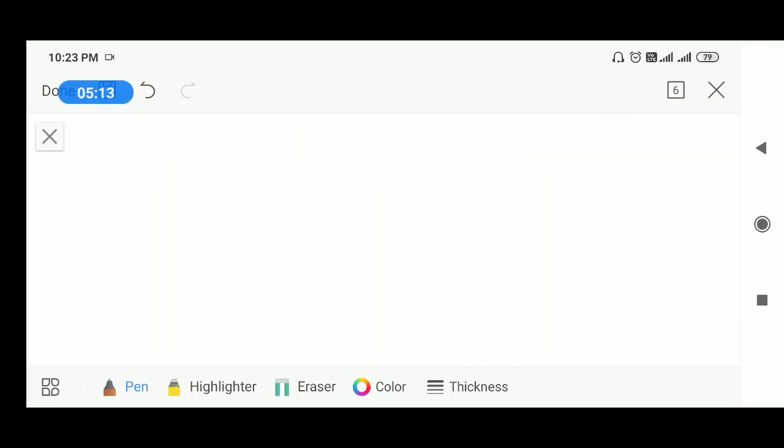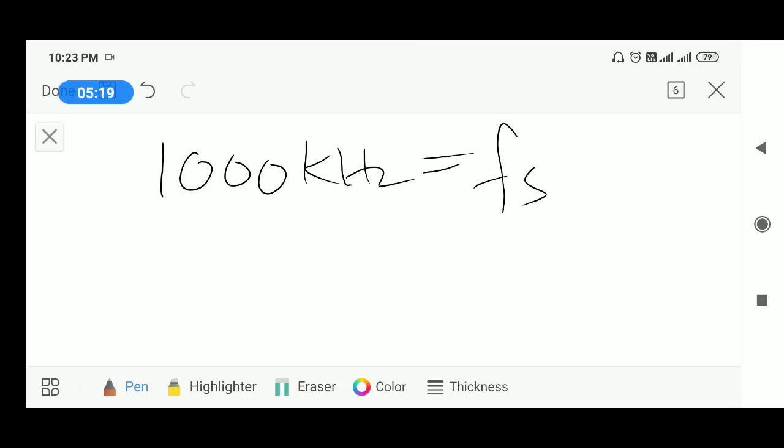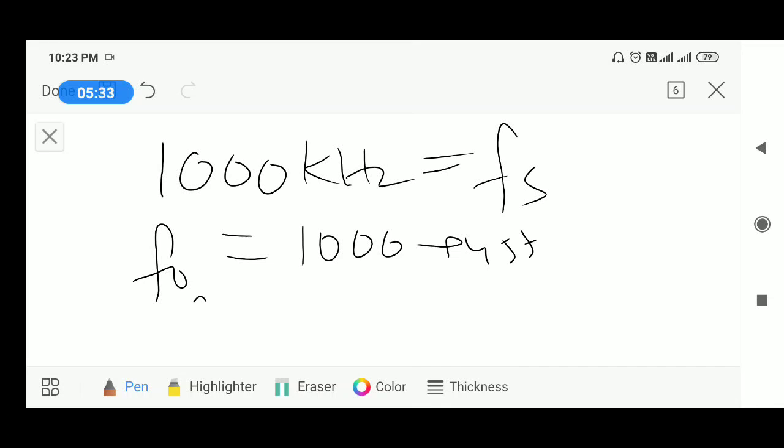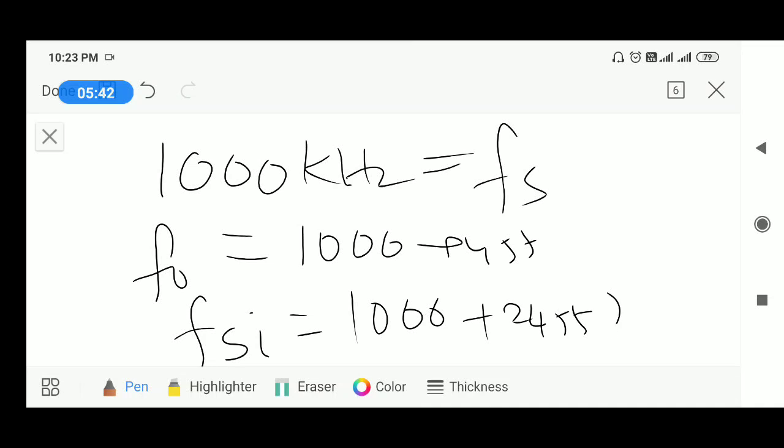Let us say a frequency of 1000 kilohertz is your desired one. Then the local oscillator is tuned to 1000 plus 455, and there is one more frequency, the image frequency Fsi, whose value is 1000 plus 2 times 455, that is 1955.